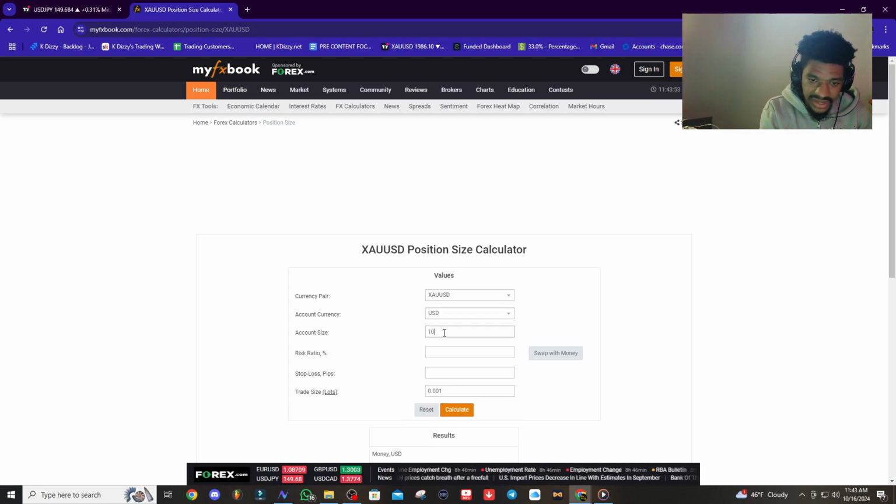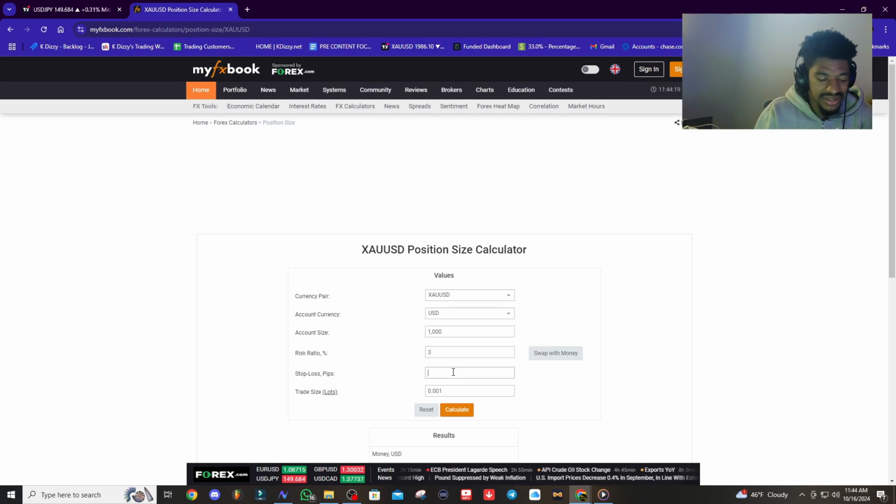Account size, we can put $1,000, say. Risk, you can do it percentage-wise, like 3% or 1%, or you can swap that with money and say, I only want to risk $100. But if you want to do it percentage-wise, 1 to 3%, let's do 3.